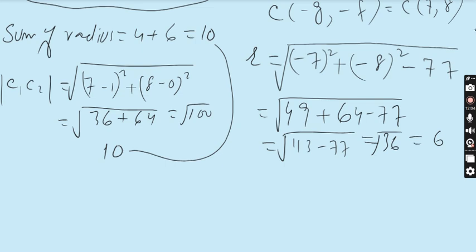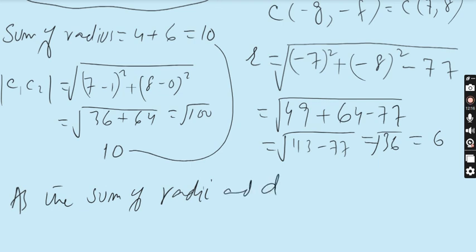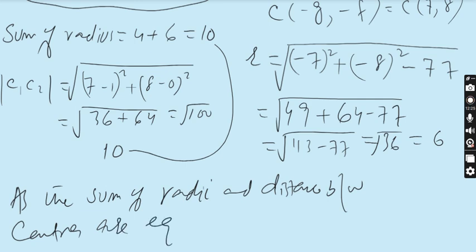You must write: the sum of radii and distance between centers are equal. So the circles touch externally.